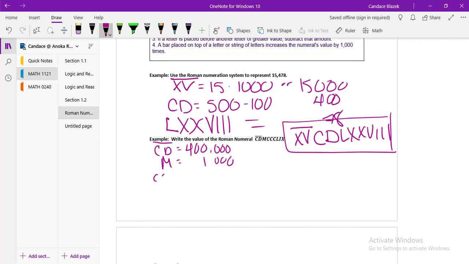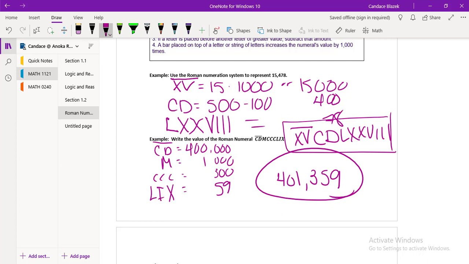CCC is 300. And then LIX, the L is 50, I is 1, I comes before X, that's 9. So this would be 59. So to write it out, this would be 401,359.